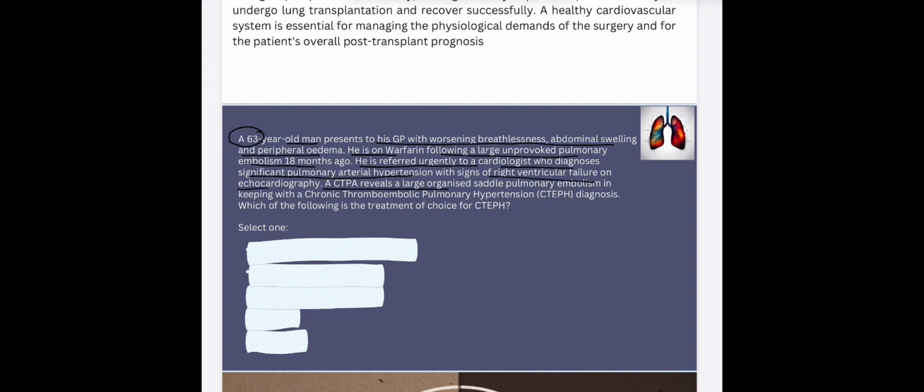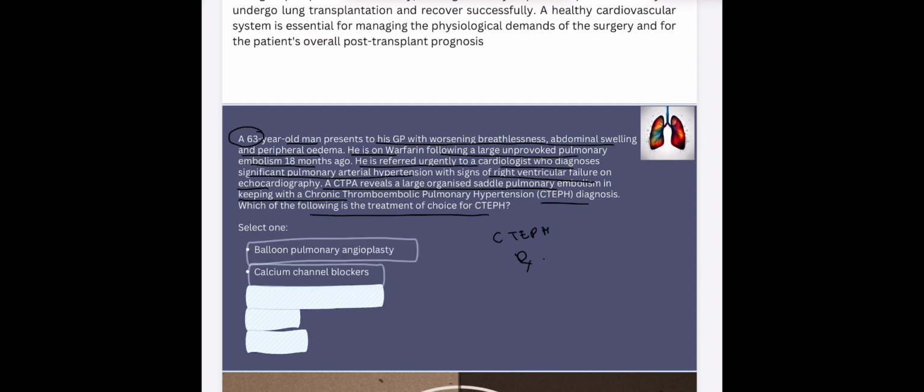A CTPA reveals a large organized saddle pulmonary embolism in keeping with CTEPH diagnosis. Which of the following is the treatment of choice for CTEPH? So this is asking about CTEPH treatment. Balloon pulmonary angioplasty, calcium channel blocker, pulmonary endarterectomy, riociguat, or sildenafil.